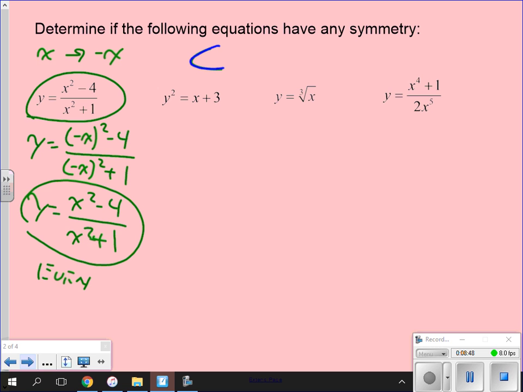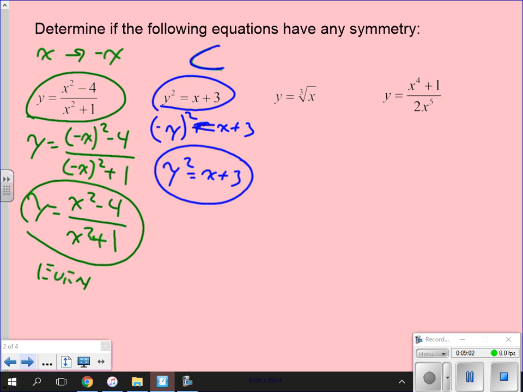So I take y, replace it with negative y, squared equals x plus 3. And then I simplify. Y squared equals x plus 3. I have the exact same thing with only replacing y with negative y. So yeah, this would be x-axis symmetry.